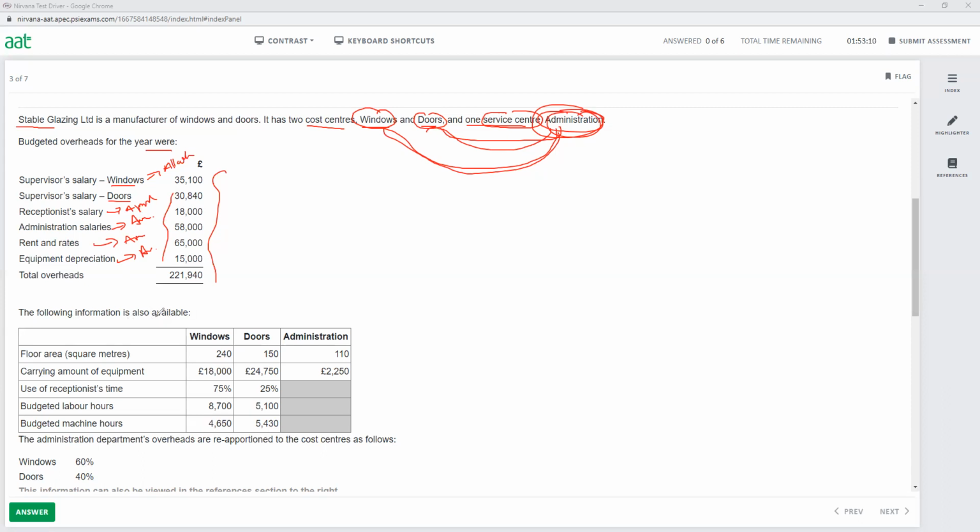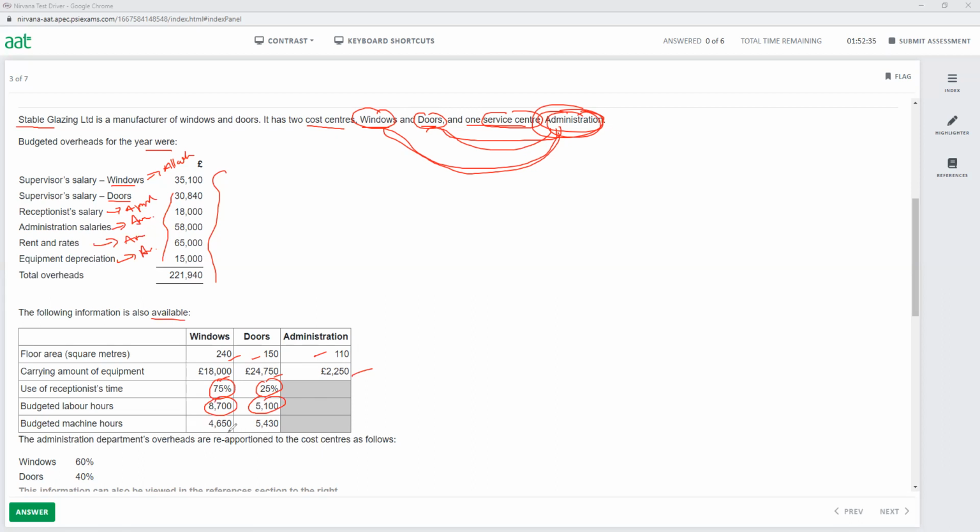The following information is also available. Windows, door, and admin. Floor area in square meters: 240, 150, 110. Carrying amount of equipment: 18,000, 24,750, 2,250. Use of receptionist time: 75% for window, 25% for the door. Budgeted labor hours: 8,700 for window, 5,100 for the door.